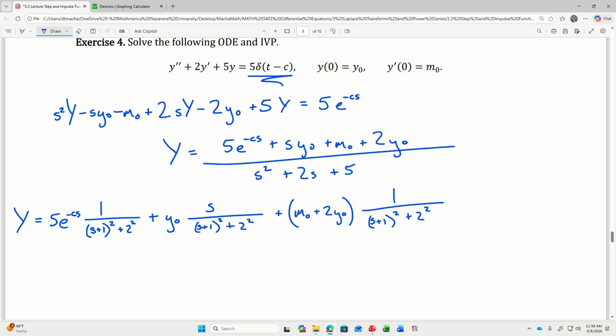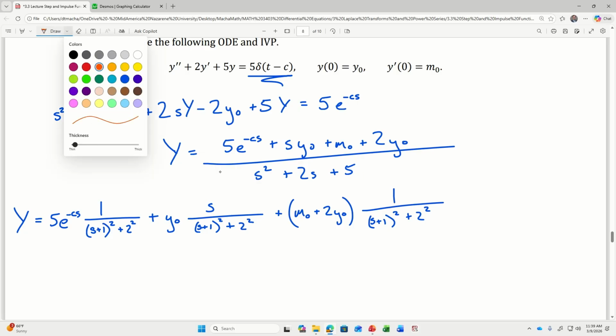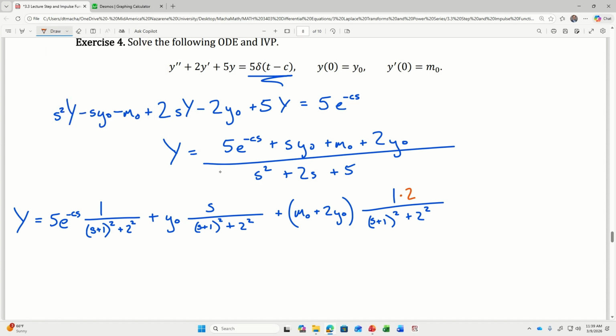So what I really want is for this to be plus 1 in the numerator. And then over here, what I really need this numerator to be is 2, because it needs to look like b over s plus a squared plus b squared. So I can get a 2 in the numerator over here if I'm willing to divide this by 2, right?